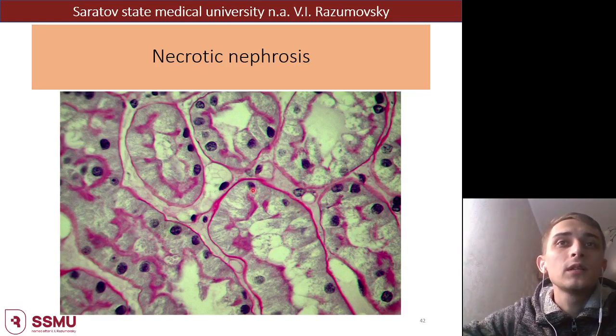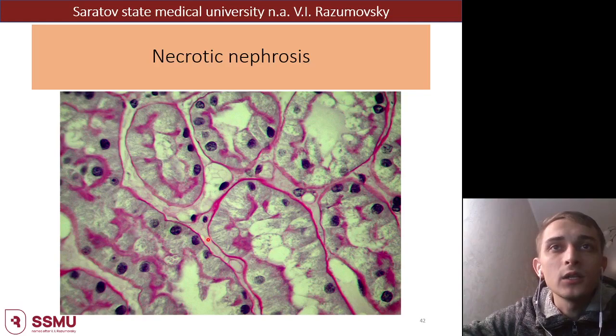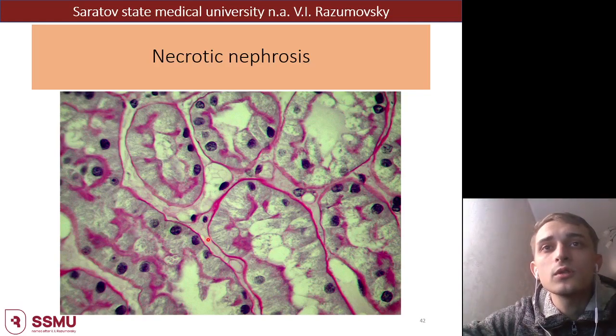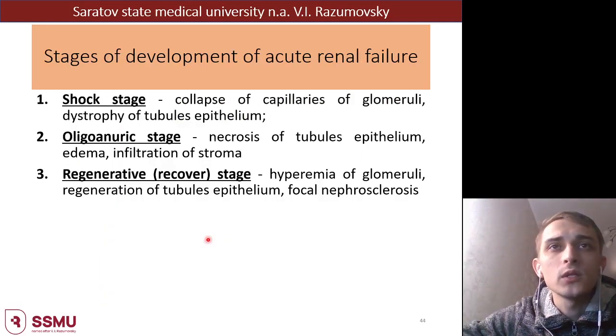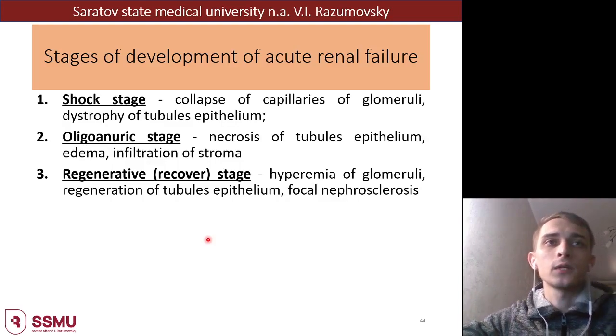But if it is healthy, we can see full recovery of kidney epithelium, and this process takes about 3 weeks. In 21 days, we may see full recovery of kidney function.